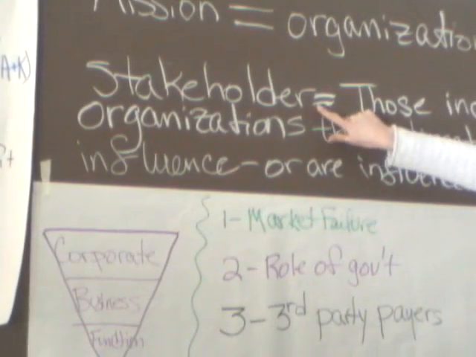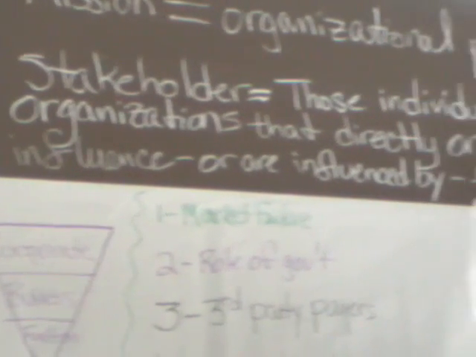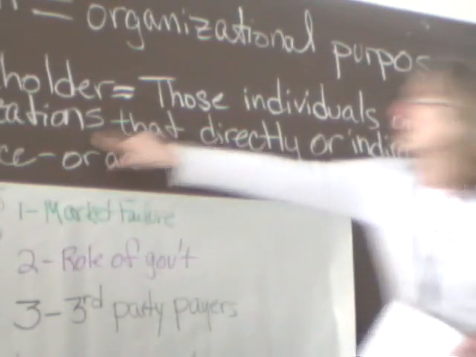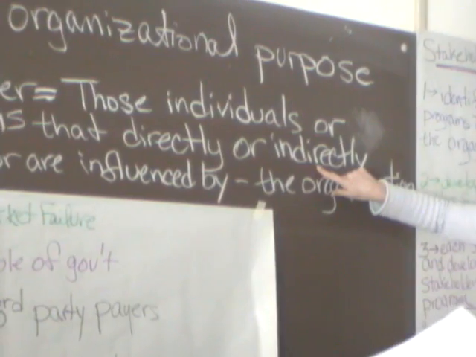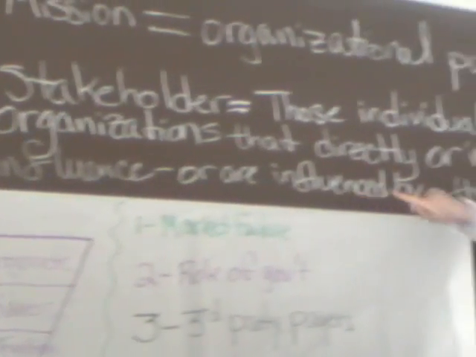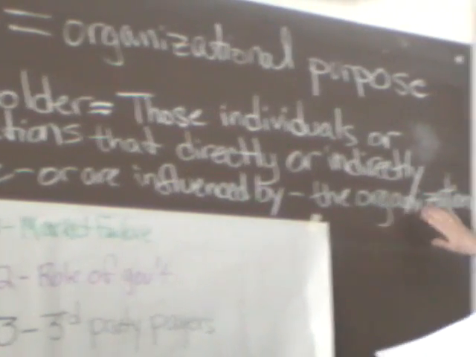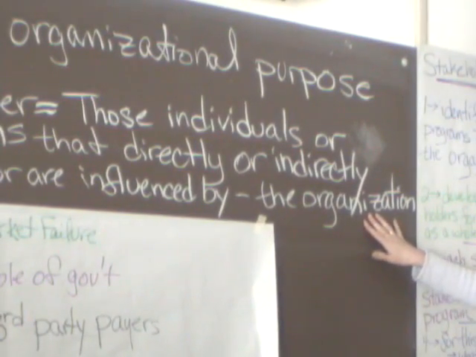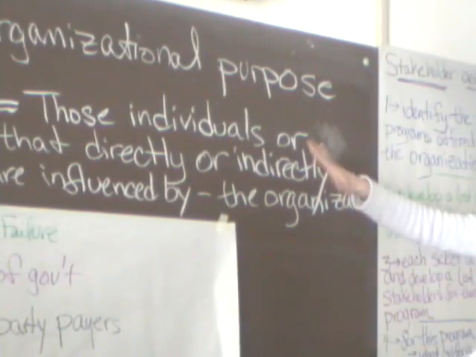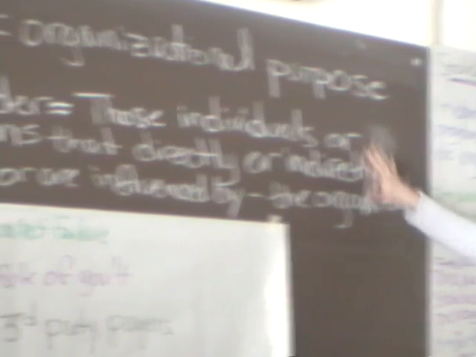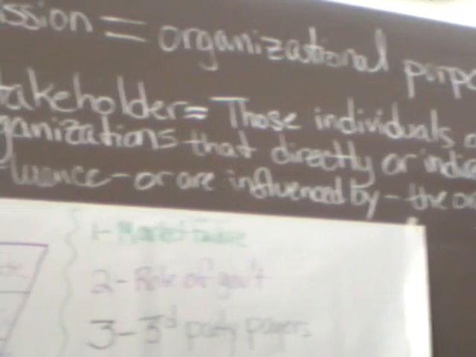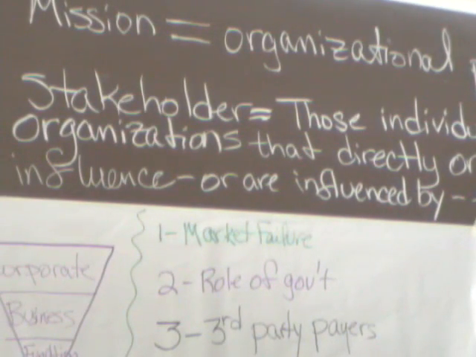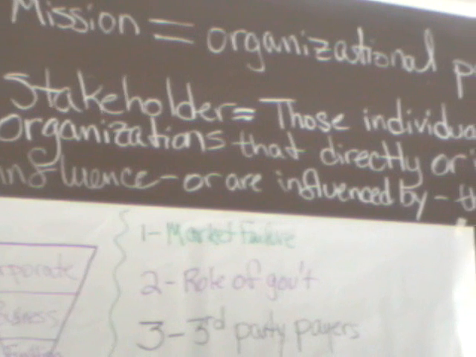Now, we want to talk about stakeholders today. Our stakeholders are those individuals or organizations that directly or indirectly influence or are influenced by us, our organization. Okay? You'll see variations on the theme. This particular definition came out of the Global Strategic Planning book, but they all essentially talk about the same thing.